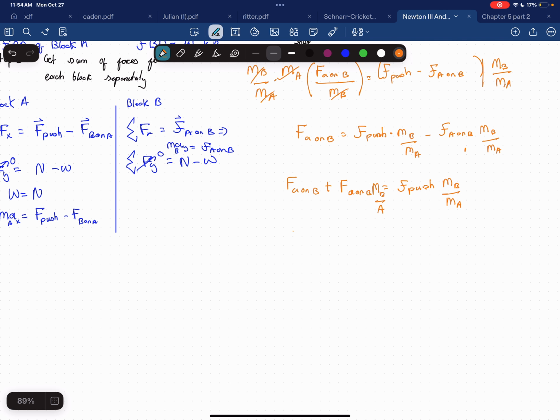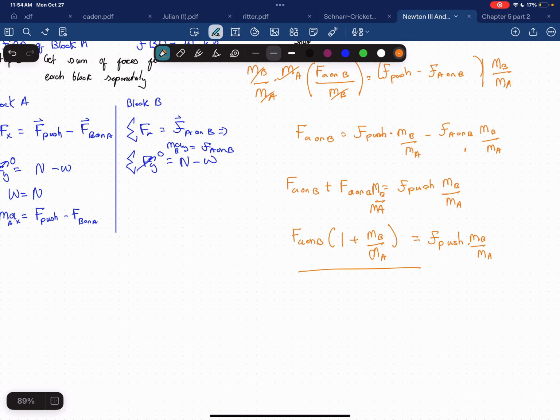So I can factor my F of A on B out: F of A on B times (1 plus m_B over m_A) is equal to F push times m_B over m_A.